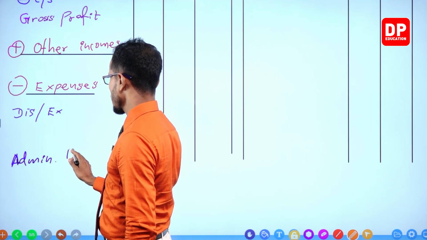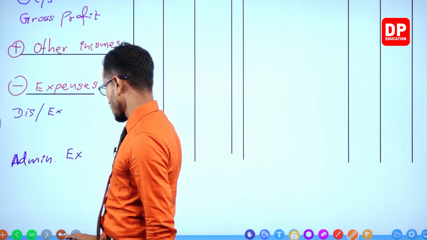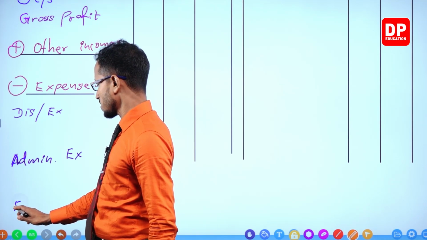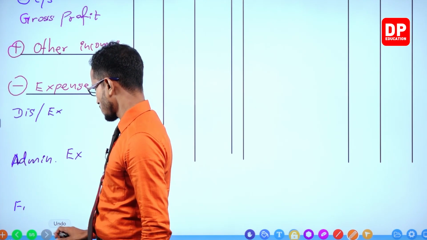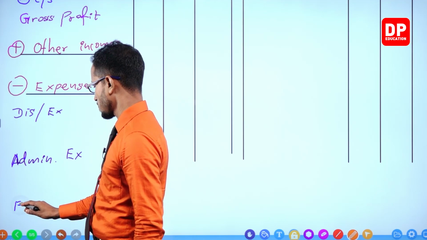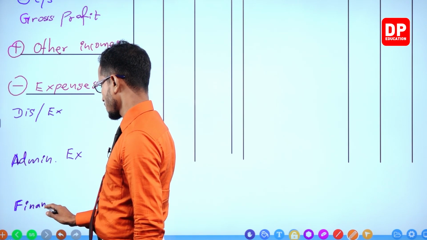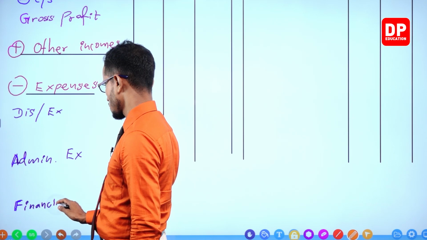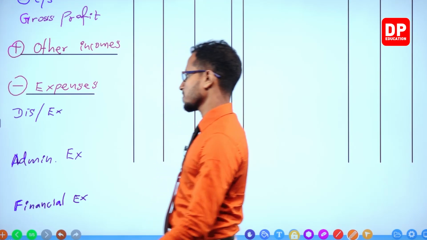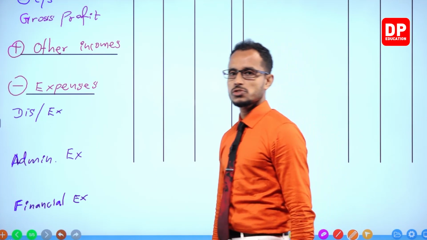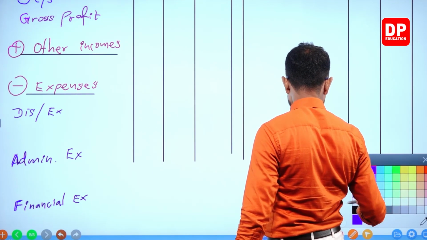Then we get financial expenses. And other expenses is another category. I'll just keep space for that.